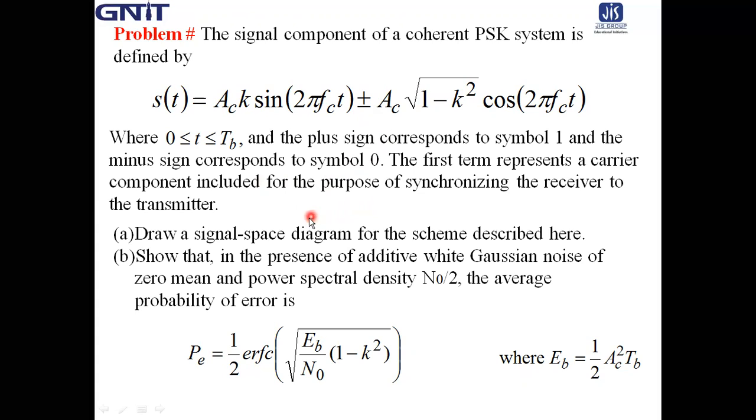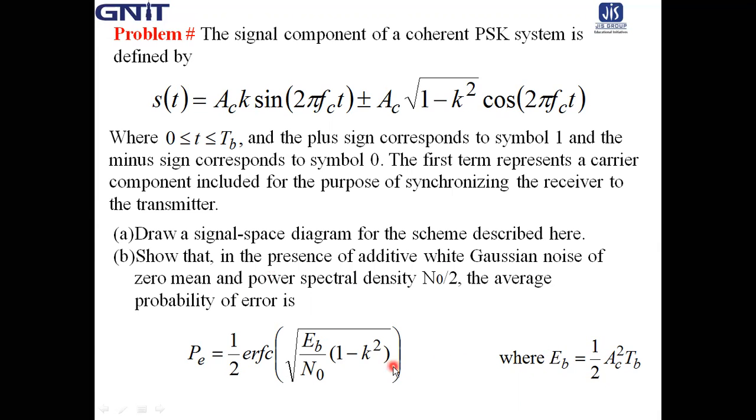Now draw a signal space diagram for the scheme described here. And second, show that in the presence of additive white Gaussian noise of zero mean and power spectral density N0 by 2, the average probability of error is P equal to half erfc of square root of Eb by N0 times (1 minus k square), where Eb equal to half times Ac square times Tb.